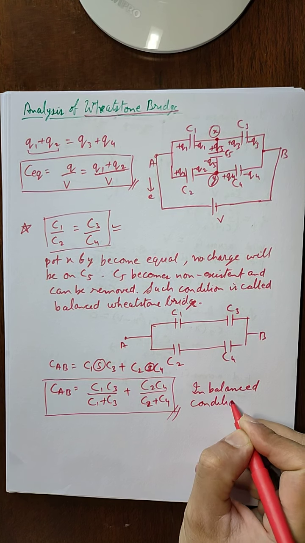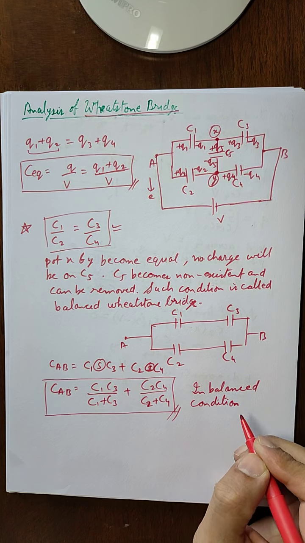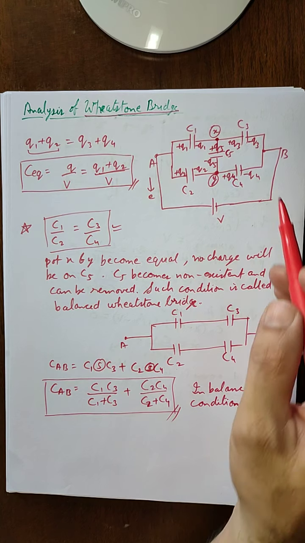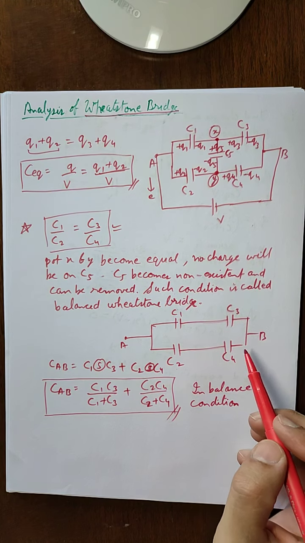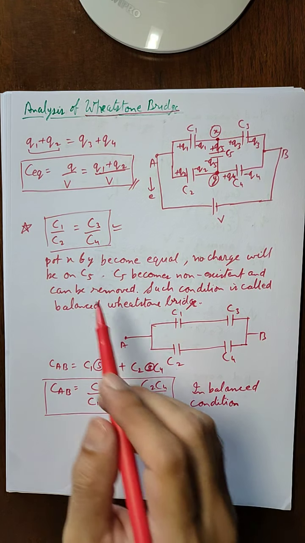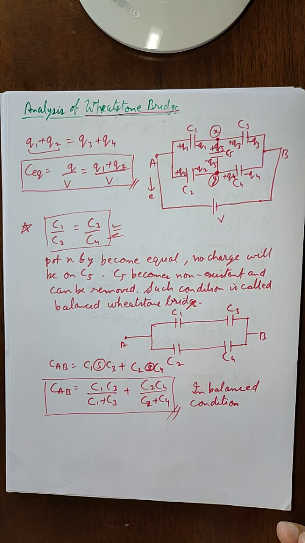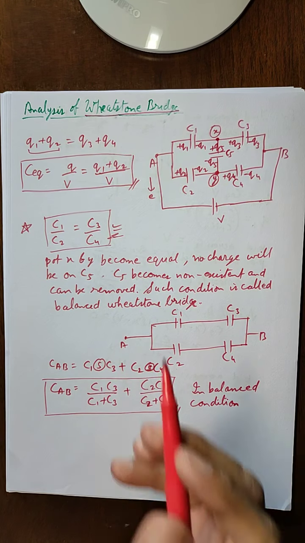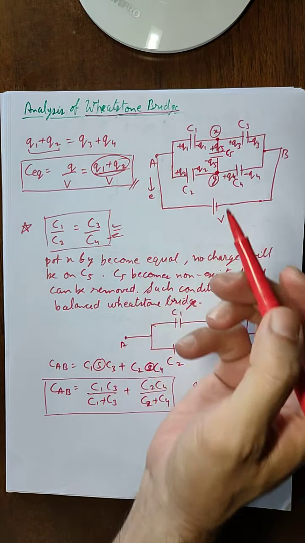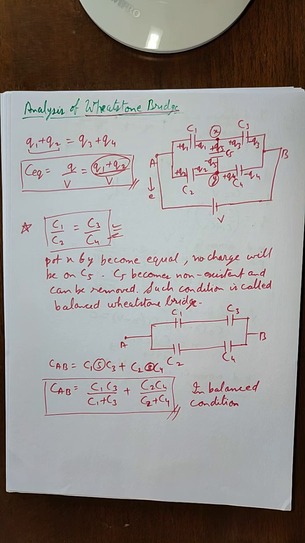Always remember, this is not the equivalent capacitance of this circuit in general, it is the equivalent capacitance when the circuit is balanced by using this condition. So in the next videos, we will find out how to calculate equivalent capacitance using nodal analysis, and then we can find out the values of Q1 and Q2 and other parameters for these circuits.